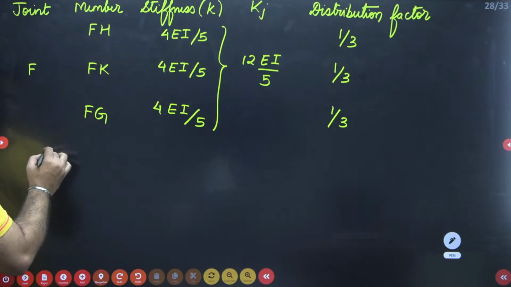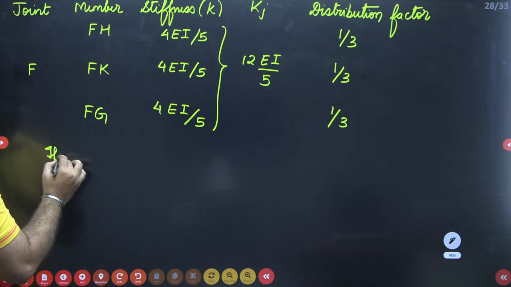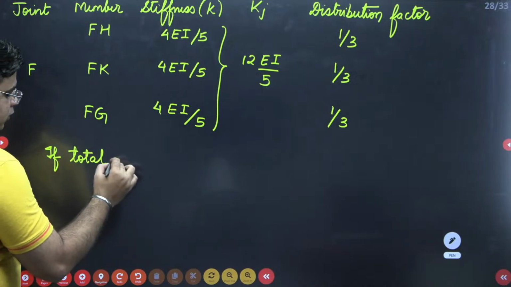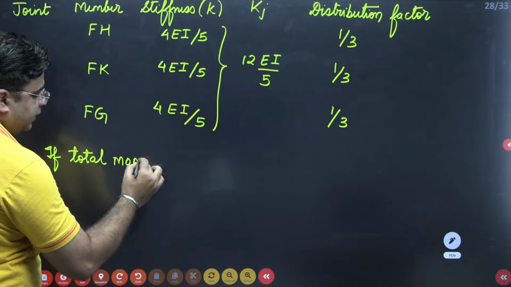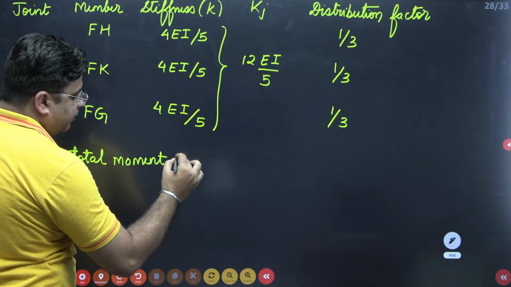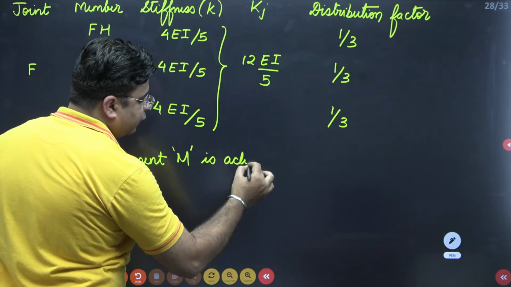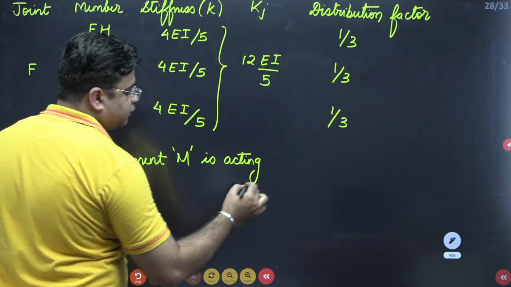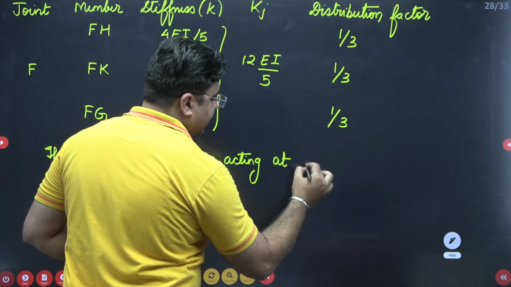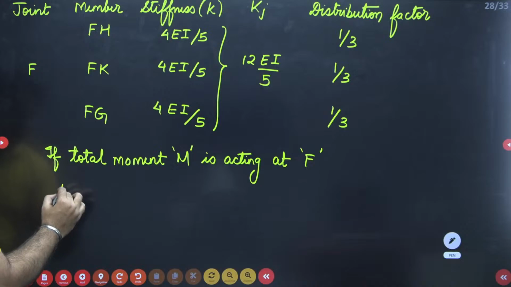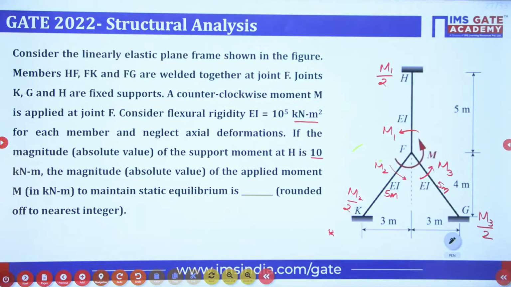So if a total moment M is acting at joint F, then the moment in the member, okay, first of all, which moment am I given?